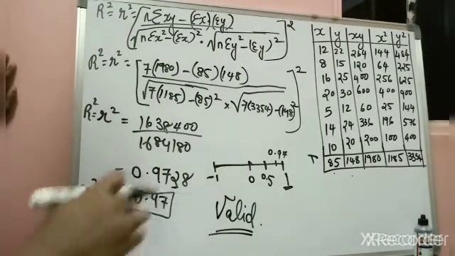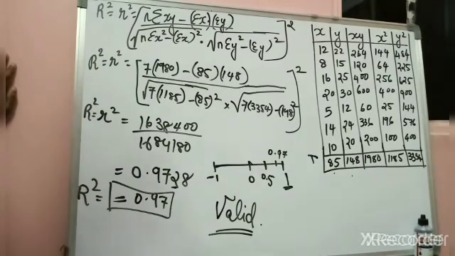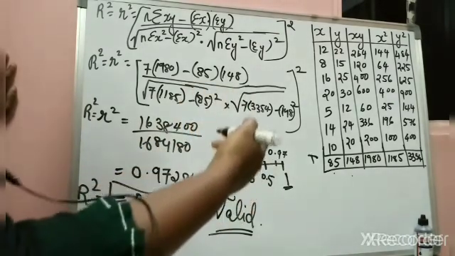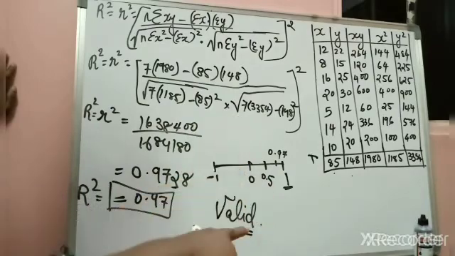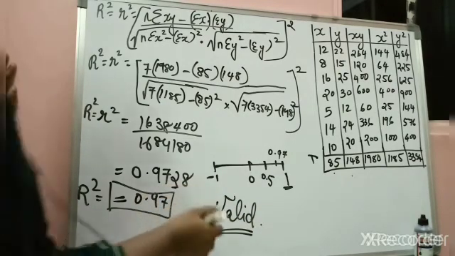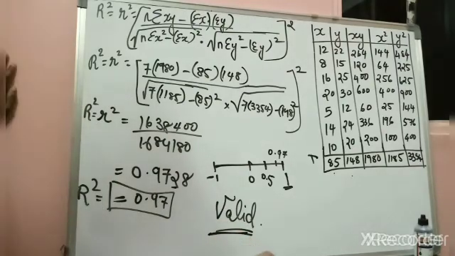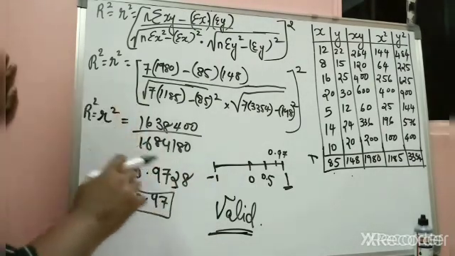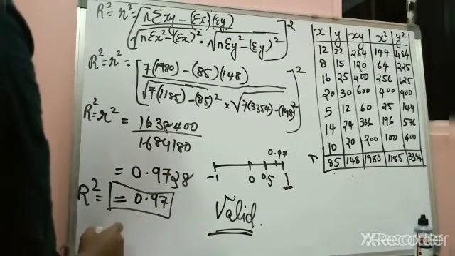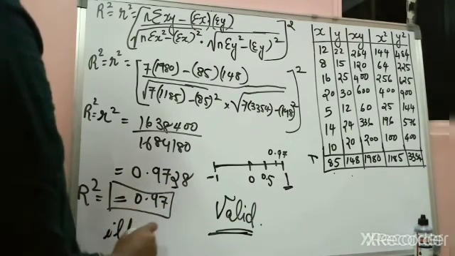It would be like this: we can say that the linearity assumption of regression between the years of experience, that is your x variable, and the monthly salary, that is your y variable, is valid. Clear with this? And last you have to write the statement. So this is the completion of your illustration number 13. This is illustration 13.